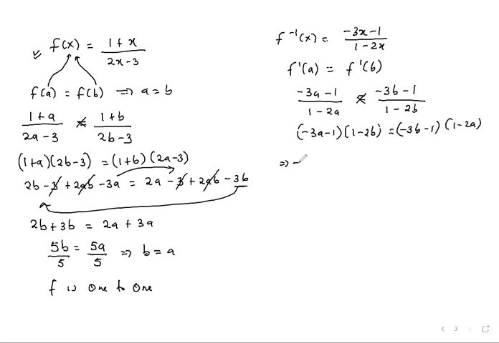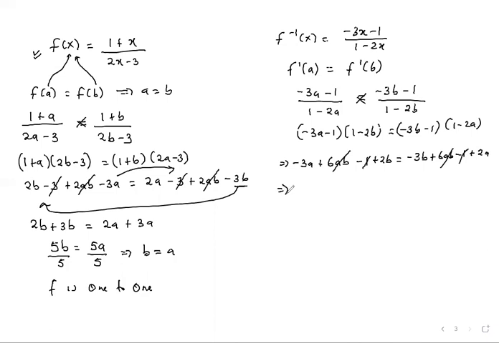Then we'll get -3a plus, I'm now expanding, 6ab - 1 + 2b is equal to -3b + 6ab - 1 + 2a. Then this and this will cancel. Minus 1 and minus 1 will cancel.